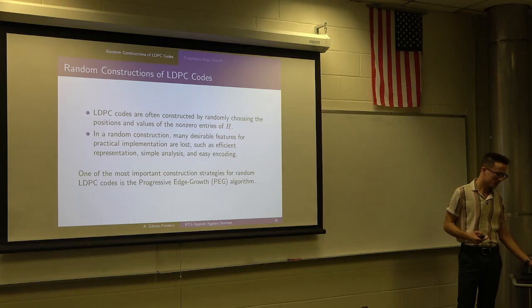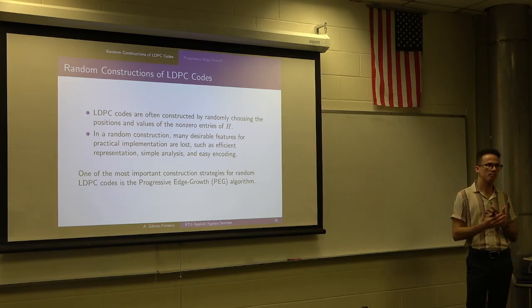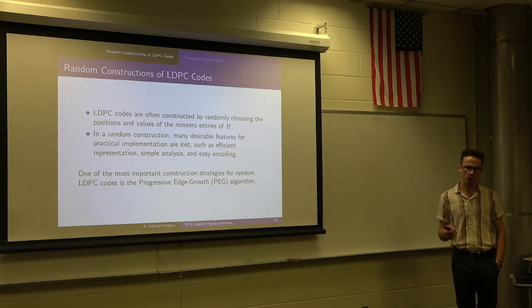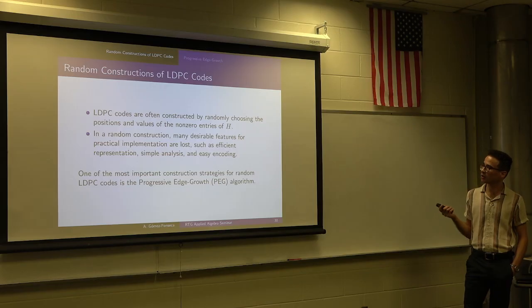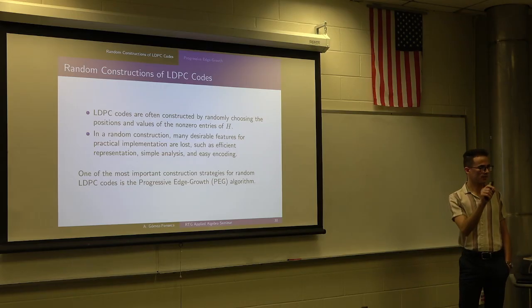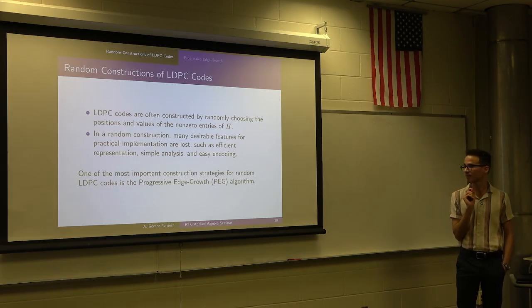There are many ways to construct LDPC codes, but one is using random strategies. For example, I can choose randomly where I want to place the ones in my parity check matrix.